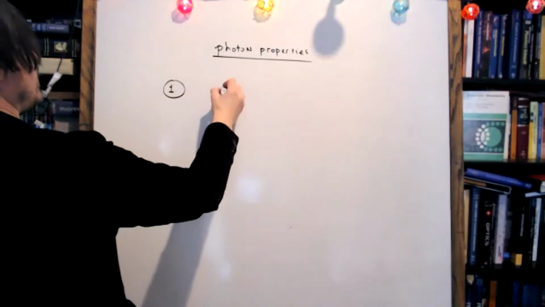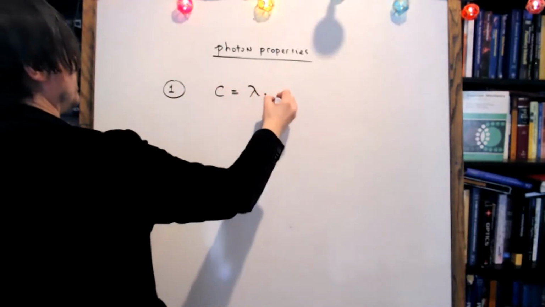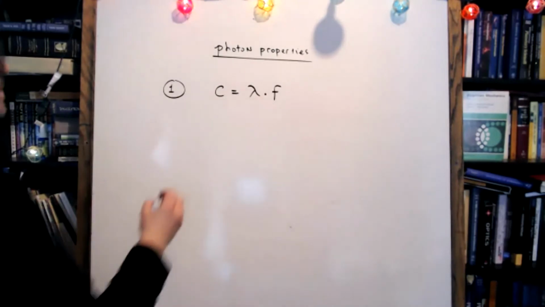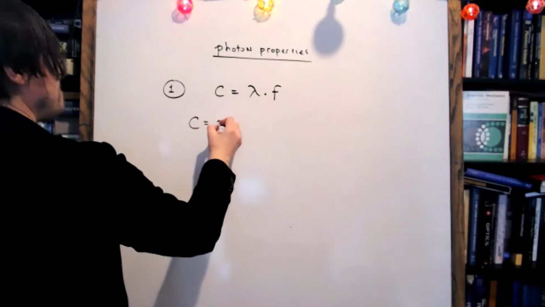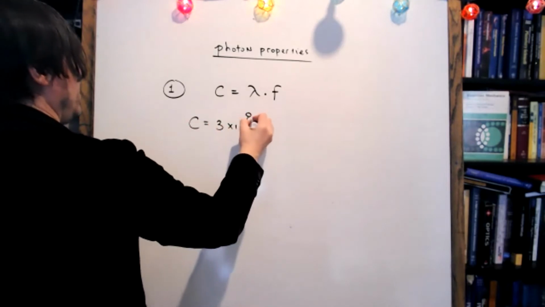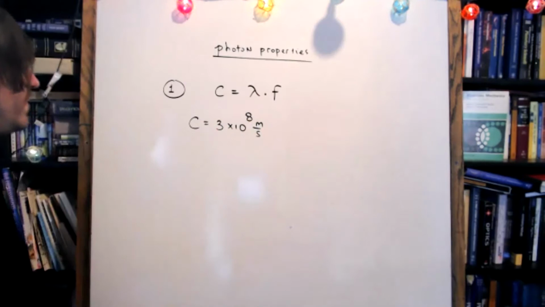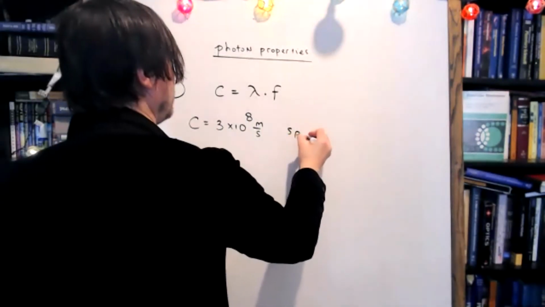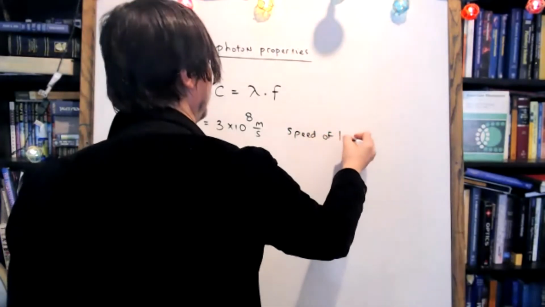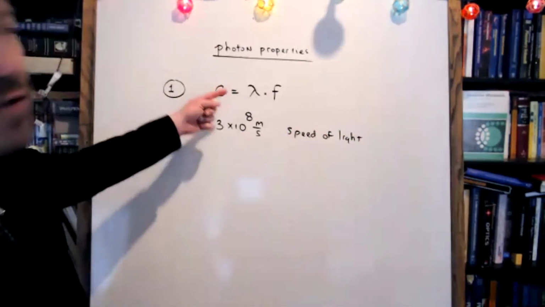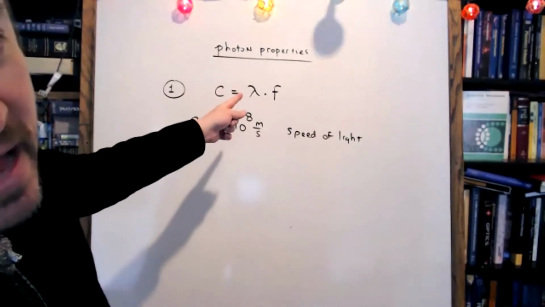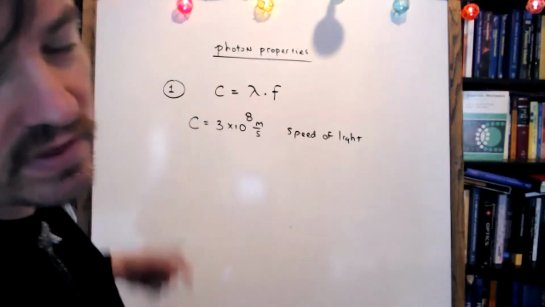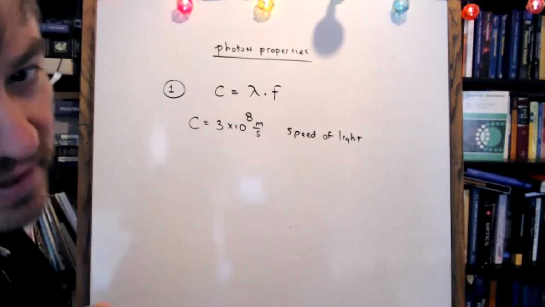The first and most basic formula is that the speed of light is the wavelength times the frequency, where c is a constant of nature, 3 times 10 to the 8 meters per second, is the speed of light. By the way, this formula actually holds true for other waves like sound and water waves. The speed of sound is equal to the wavelength of sound times its frequency as well. This is kind of a classic physics formula.